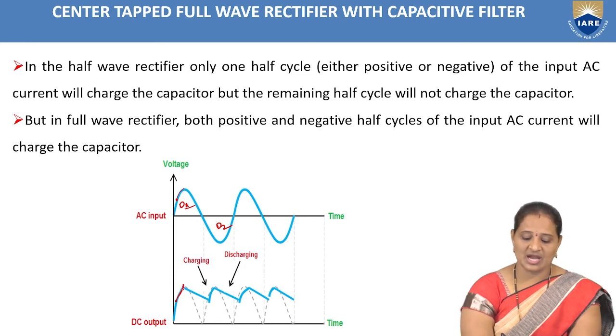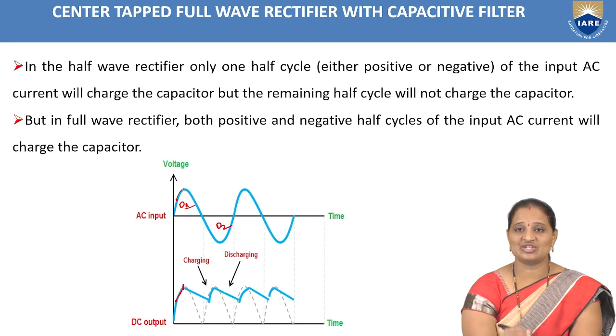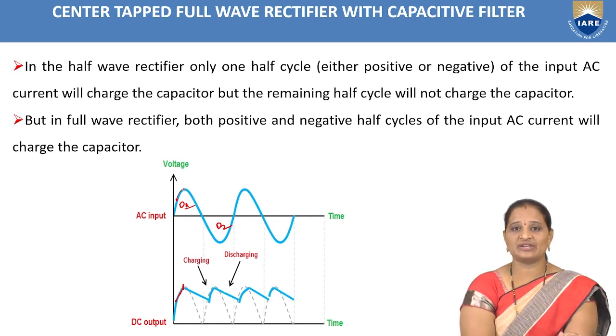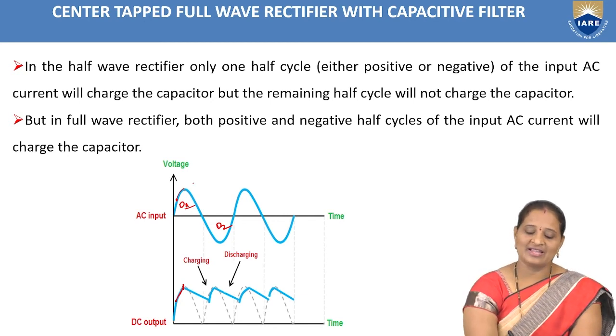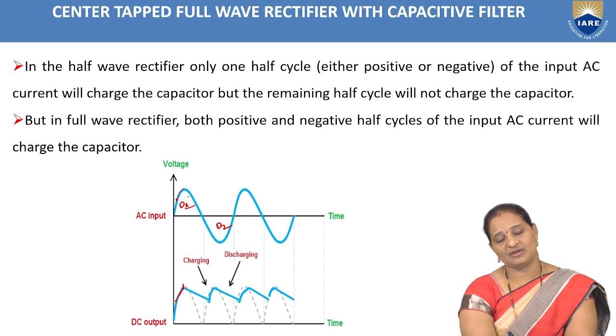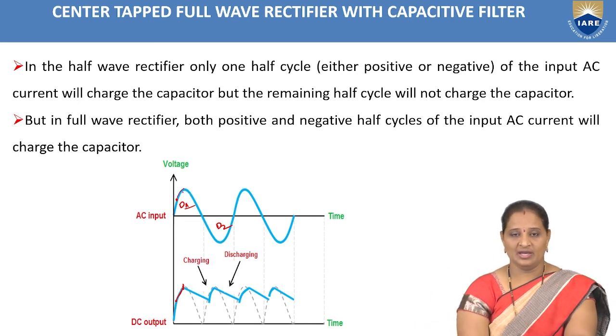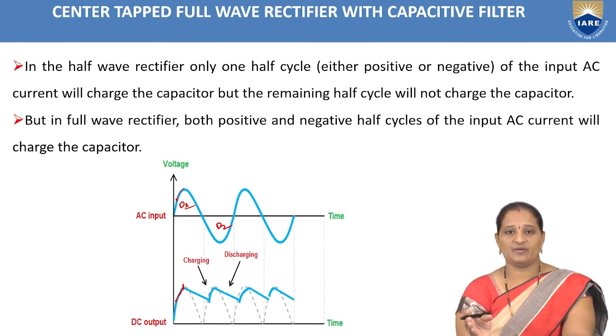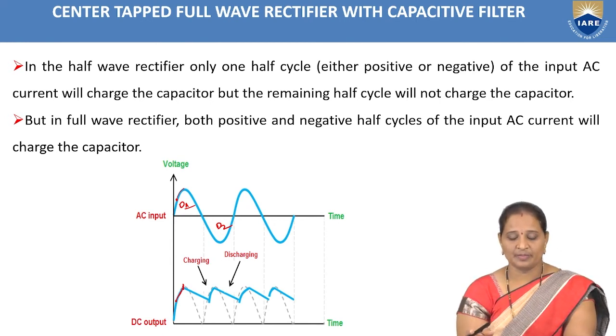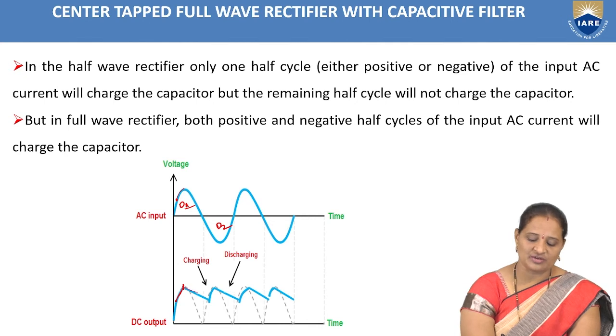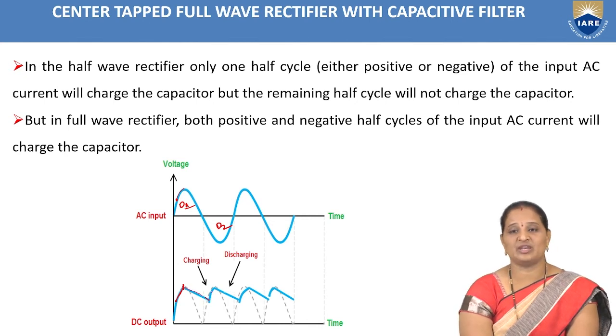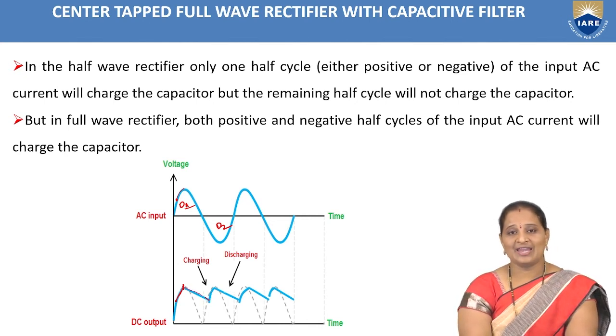Once the capacitor has charged to its maximum value, as the voltage drop across the capacitor is more when compared to the voltage applied to the anode, the diode D1 will be reverse biased and D2 already is in the reverse bias condition. So there will not be any current flowing through the diodes, and hence now the capacitor will be discharging to its minimum value.